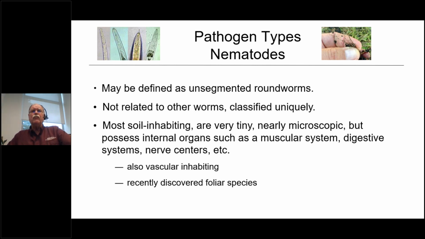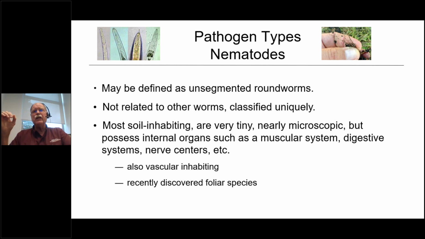Nematodes are unsegmented roundworms. They are not real worms. They're classified uniquely from the worms because they have some attributes actually of insects. Most of them are soil inhabiting. They're very tiny. You can barely see them with your naked eye.